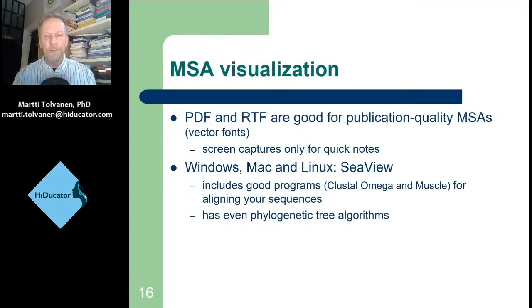And what we have is CView, which has a PDF output, and the lucky thing is that it also has the alignment algorithms built in, and even phylogenetic tree algorithms if you want to follow up in that direction later.